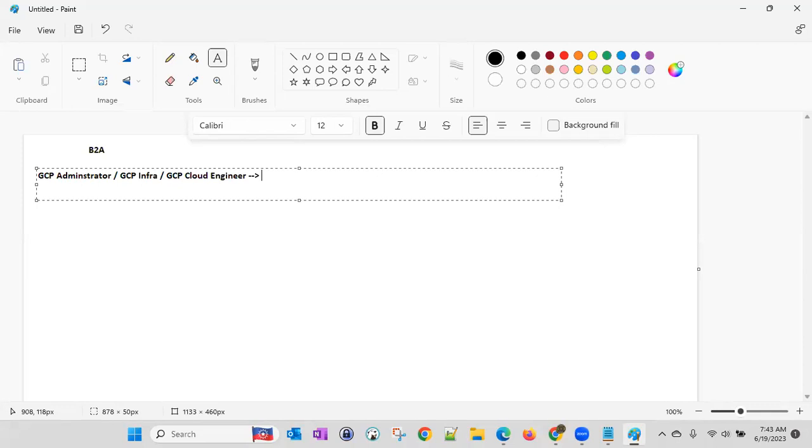In that case, this course is enough. You can learn more about administrator and cloud engineer related topics, then you can go with that. This is one session, I can say one role. You can go with that.